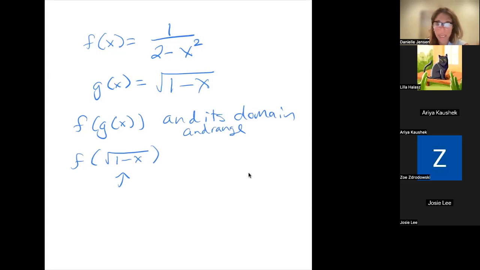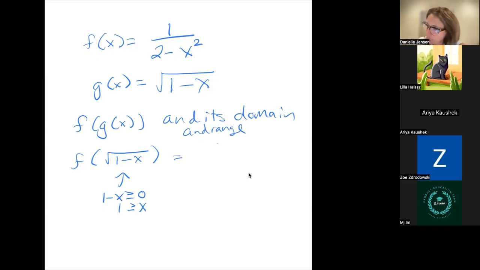So what's the domain of that inner function? The inside has to be positive, so right away I'm limited to x values that are less than or equal to 1. No matter what happens to the end result, I'm restricted to this because it has to pass through the inner function.